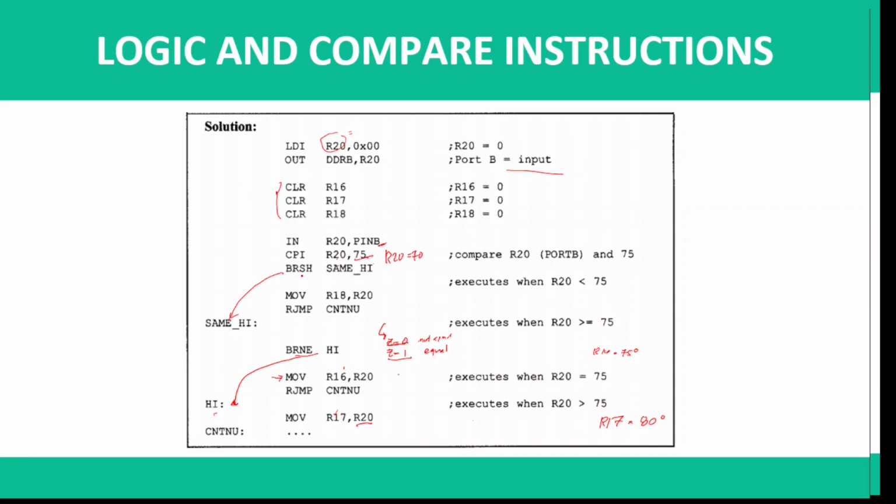So, BRSH, same high. Dili man siya same, di pod siya high. So, it will go to the next instruction. So, sa next instruction, it says, move R18, R20. So, ang value sa R20 will be put to the register 18. So, our R18 now is equal to R20.